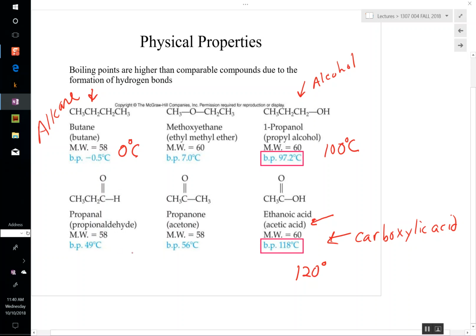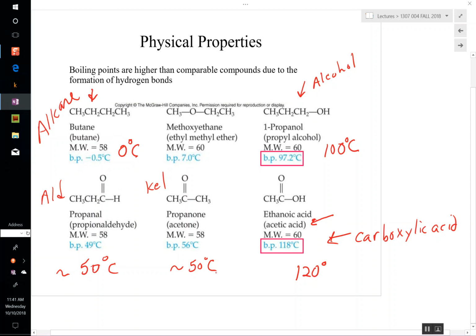And then notice right down here, it's worth keeping the aldehydes and the ketones in perspective, approximately 50 degrees centigrade. All right? So very mild or low intermolecular attraction, moderate intermolecular attraction, some polarity but not very polar.